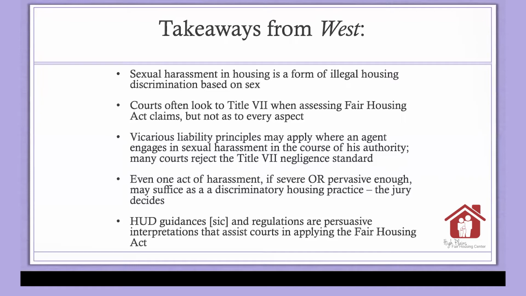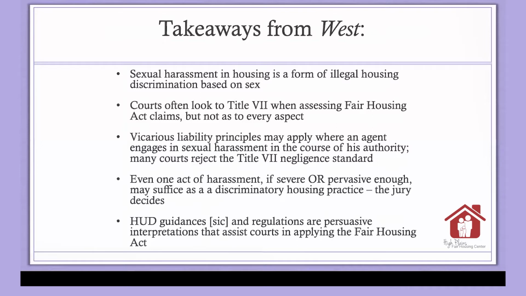There are some real differences, and the vicarious liability principles are one of the differences. So many courts reject this Title VII employment discrimination negligence standard when looking up the chain at the employer of the agent. And even one act of harassment, if severe or pervasive enough, may suffice as a discriminatory housing practice.